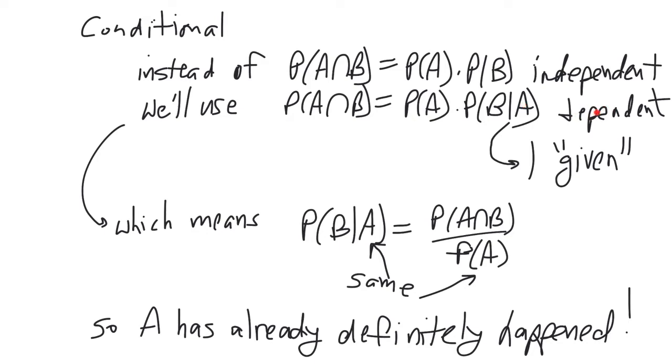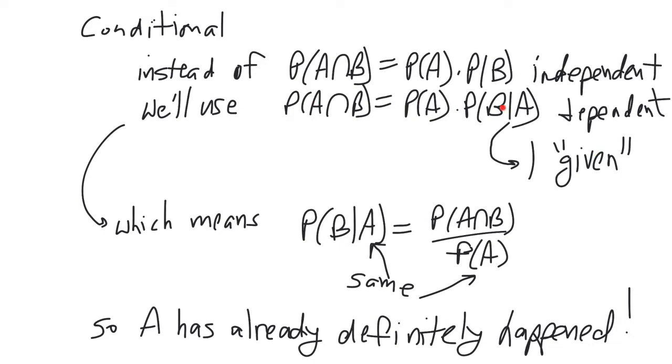So this is a dependent situation. B's chance of happening is dependent on the fact that A already happened and is going to have an influence. That vertical line, we use the word given.